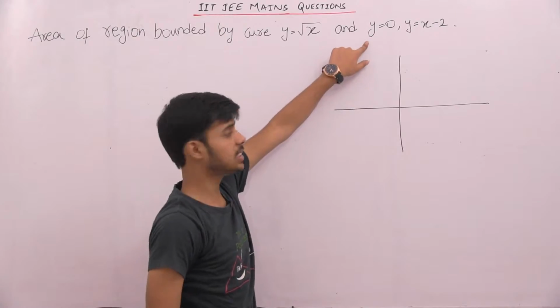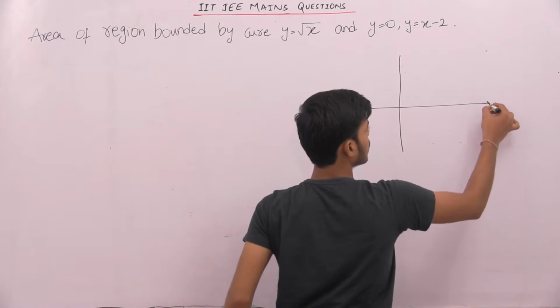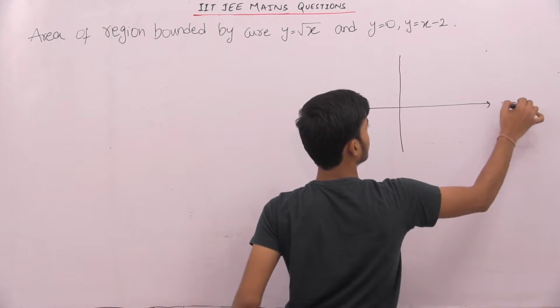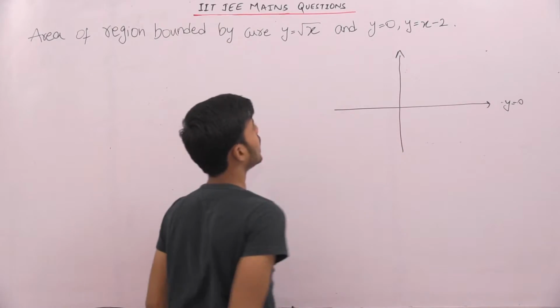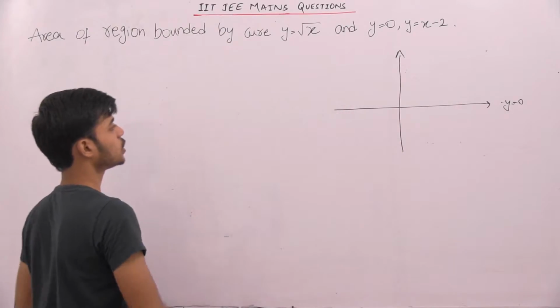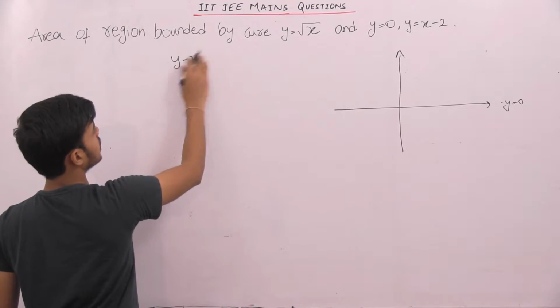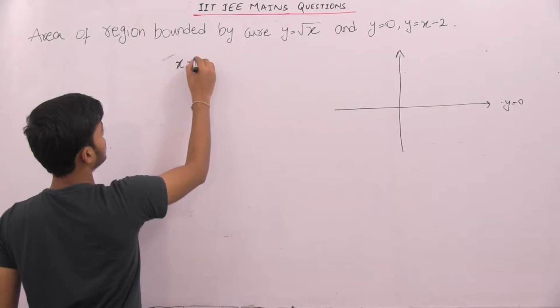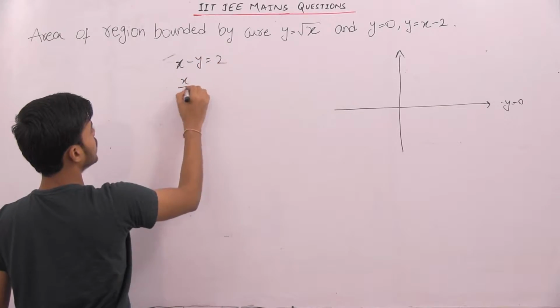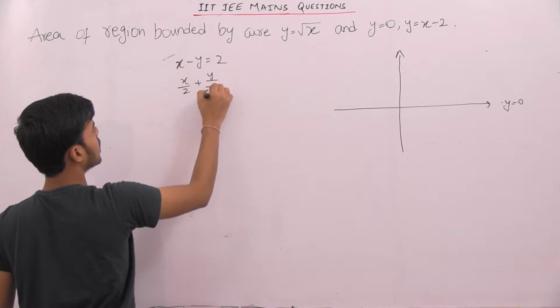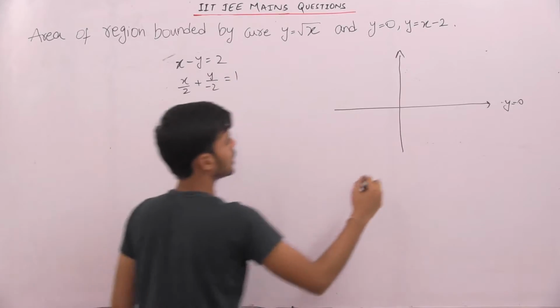We have y equals 0, x equals 0, and y equals x minus 2, which is x minus y equals 2, or x by 2 plus y by minus 2 equals 1.